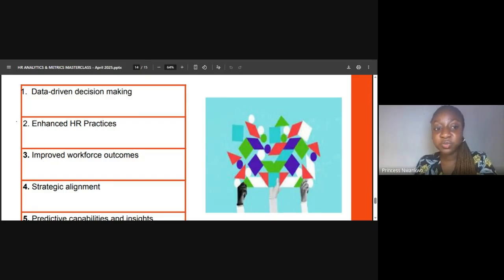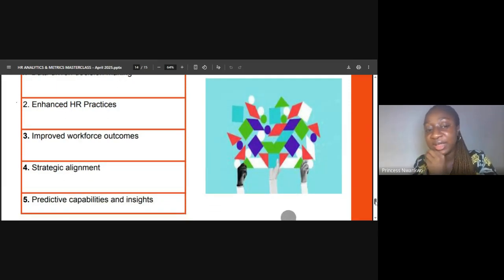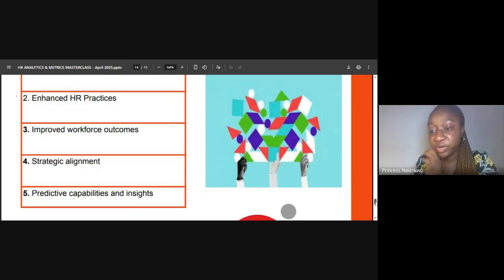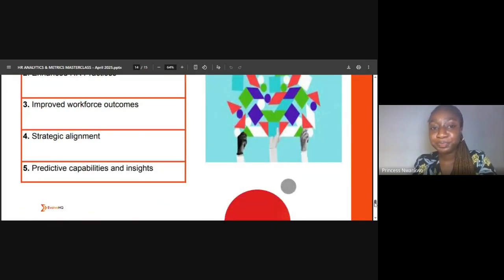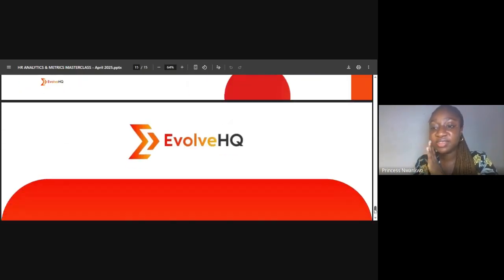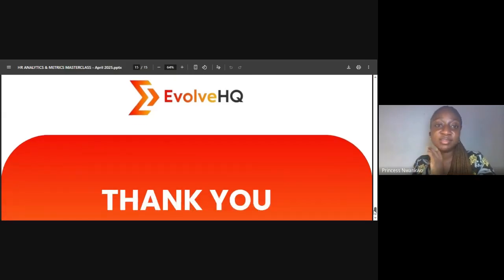HR analytics helps with enhanced HR practices, improved workforce outcomes, strategic alignment, and finally, predictive capabilities and insights. You can predict in terms of workforce, employee engagement, performance management. The list goes on and on when it comes to the benefits and significance of HR analytics.